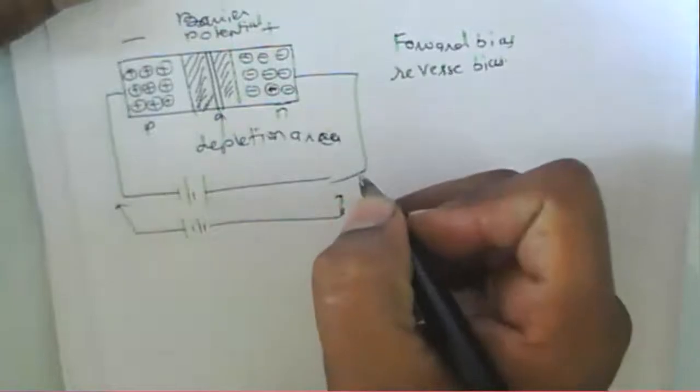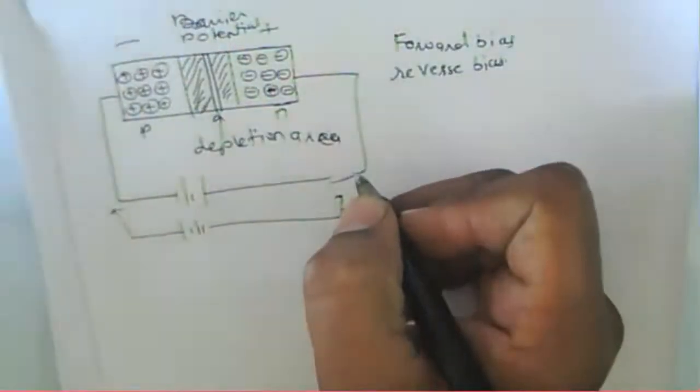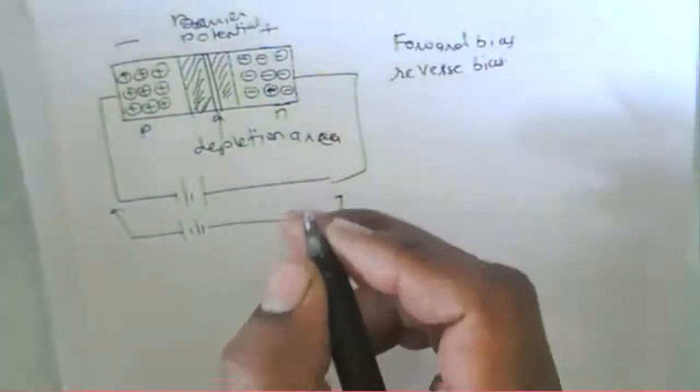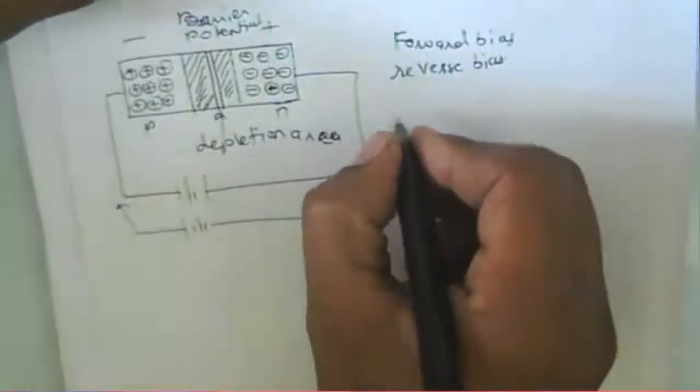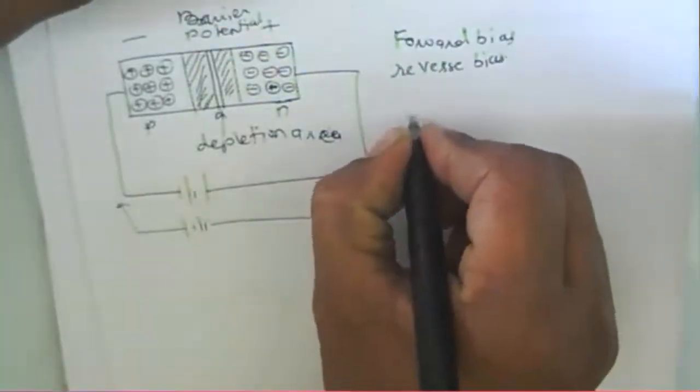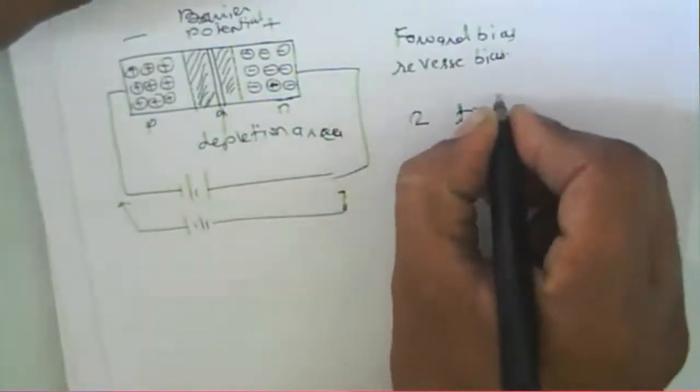So that's why we say the depletion region acts as a capacitor. The diode performs as a variable capacitor when you apply the bias, so the capacitance changes.